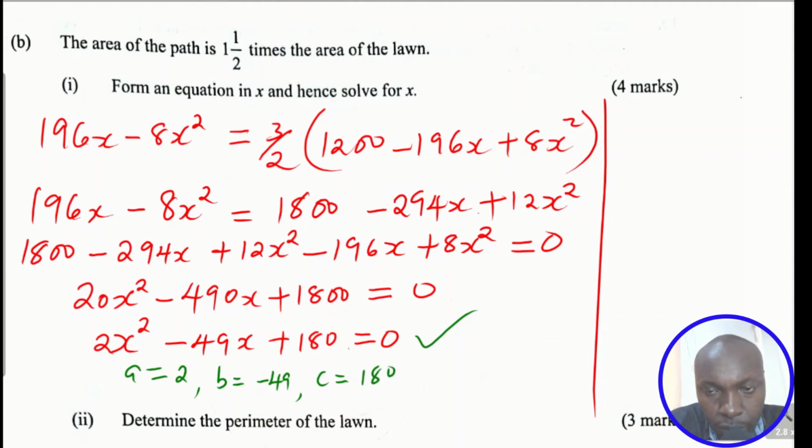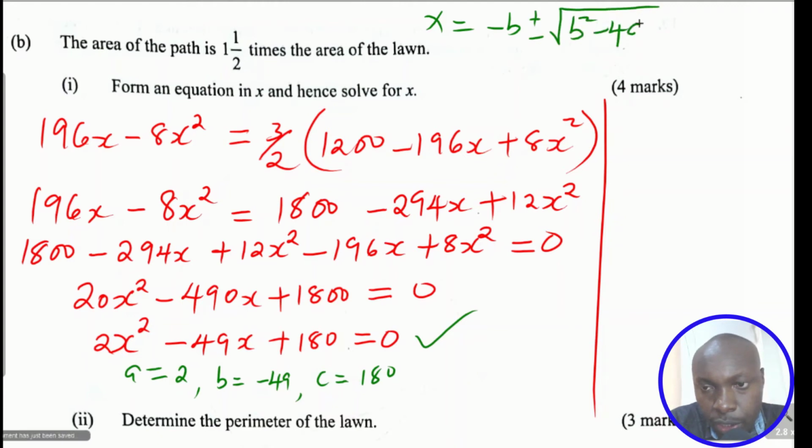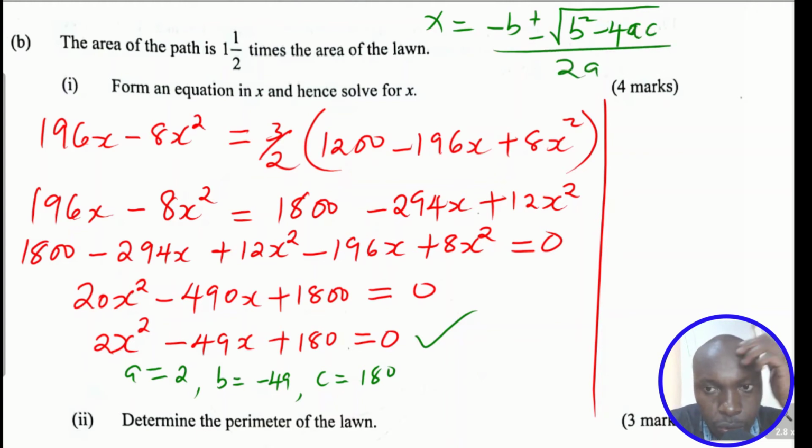So using the quadratic formula, I just write it here. x is equal to negative b plus or minus the square root of b squared minus 4ac, then divided by 2a. So this is the quadratic formula. So substitute where a is 2, b is negative 49, c is 180. So substitute everything there. So when I substitute, this is what I'll get.